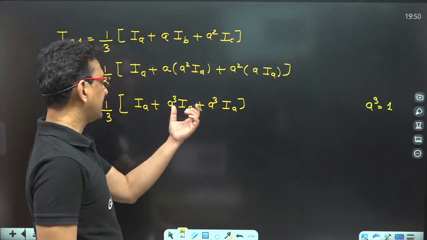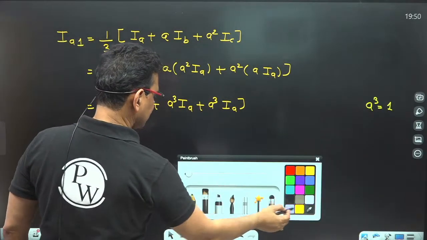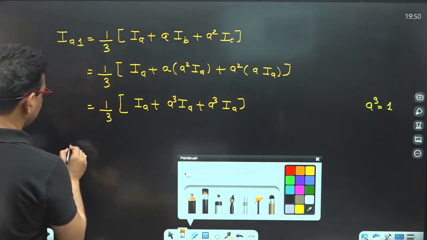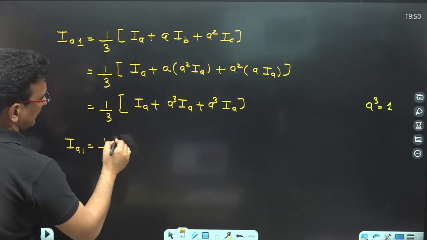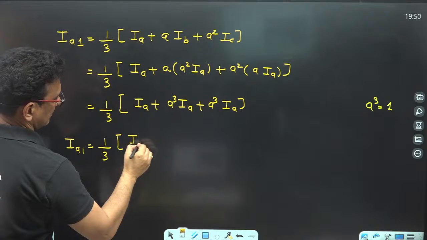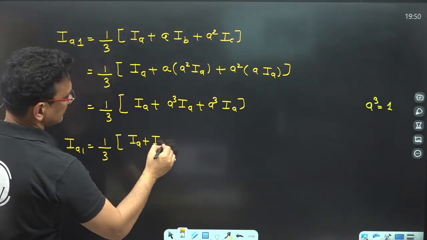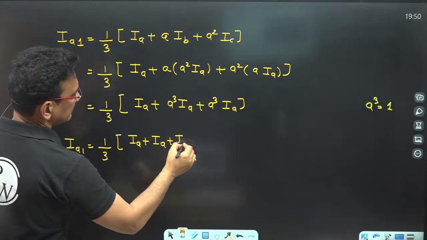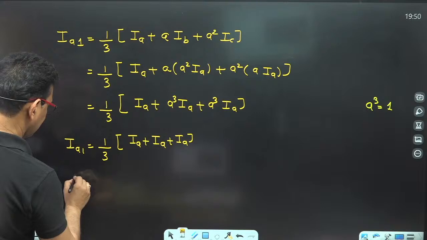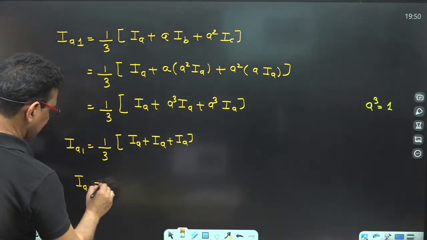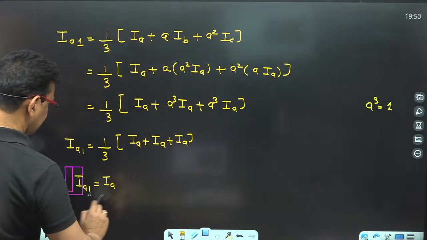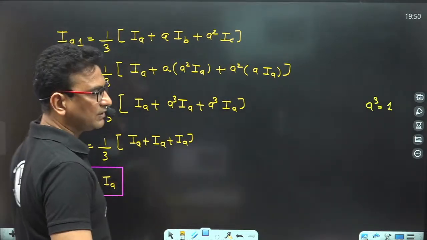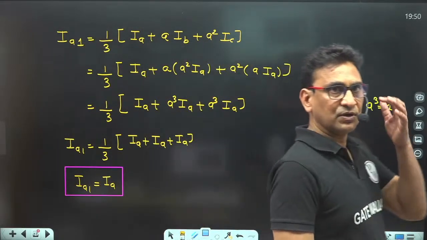So 1 and 1, IA plus IA plus IA. So IA1 is 1 upon 3 into 3 IA, and 3 IA divided by 3 is nothing but IA. So the total current flowing in the system has only the positive sequence component.